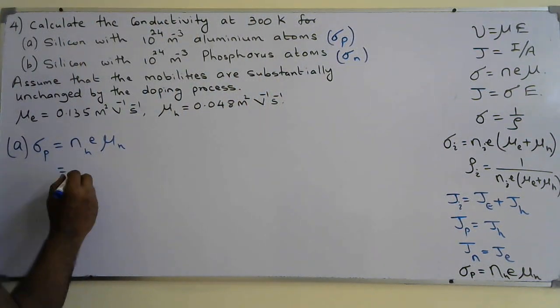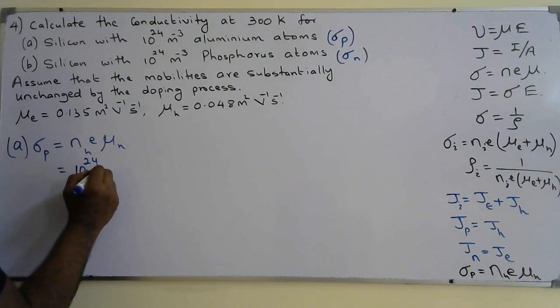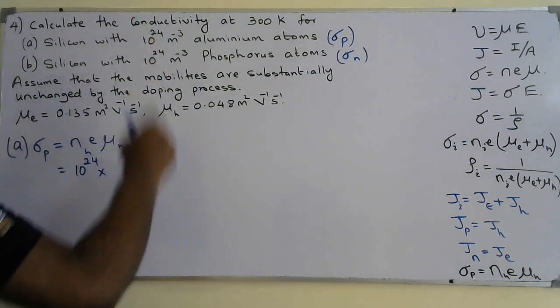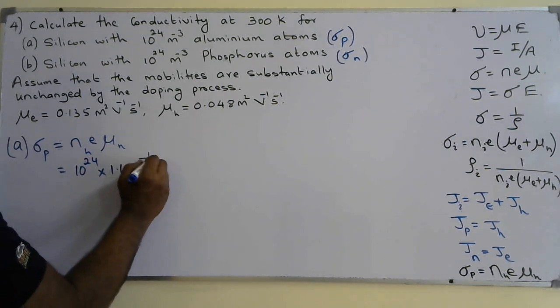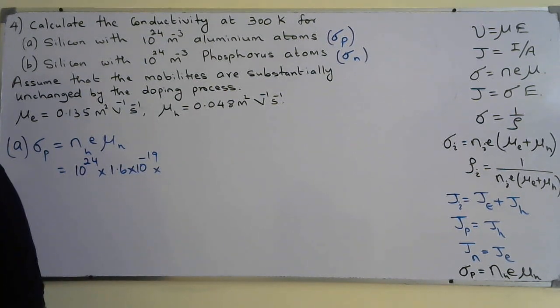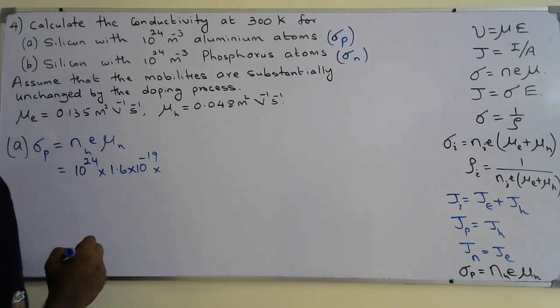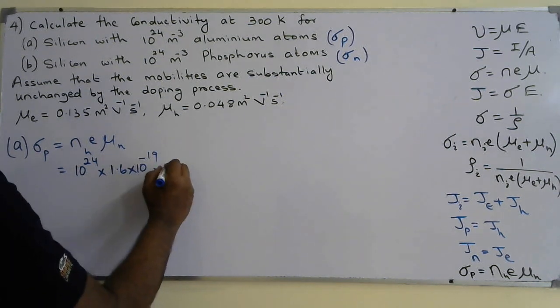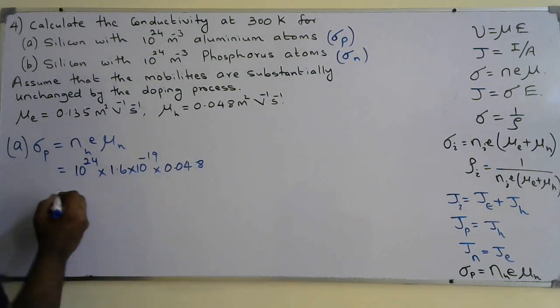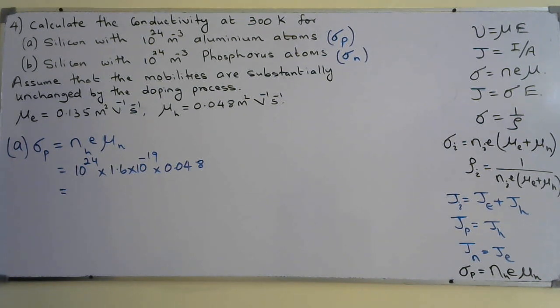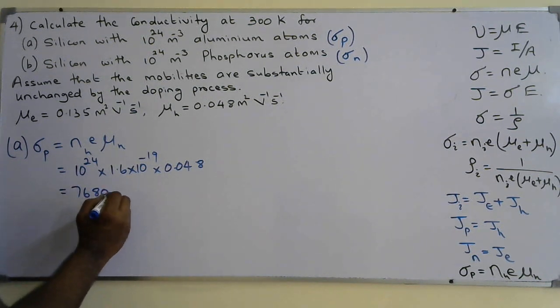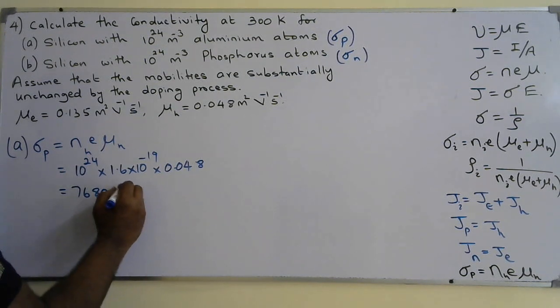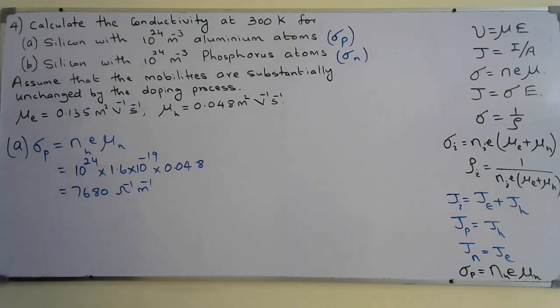So that will give only one, so 10 to the power 24, each will give one hole, times E 1.6 times 10 to the power minus 19, times mu H, that is 0.048 for holes. Solve it, you will get the answer, that will be 7680 per ohm per meter. That's the conductivity.